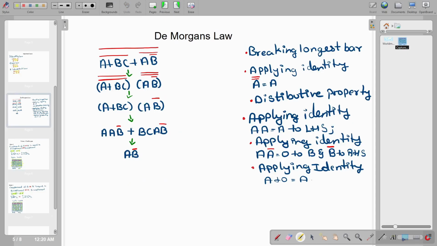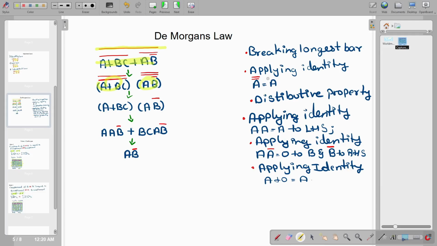So let us look at an example for De Morgan's law. We take this equation as an example. The first part is breaking the longest bar. So we have to break the topmost bar. Once we break the top bar, we will be left with two equations, one on the left side, one on the right side.